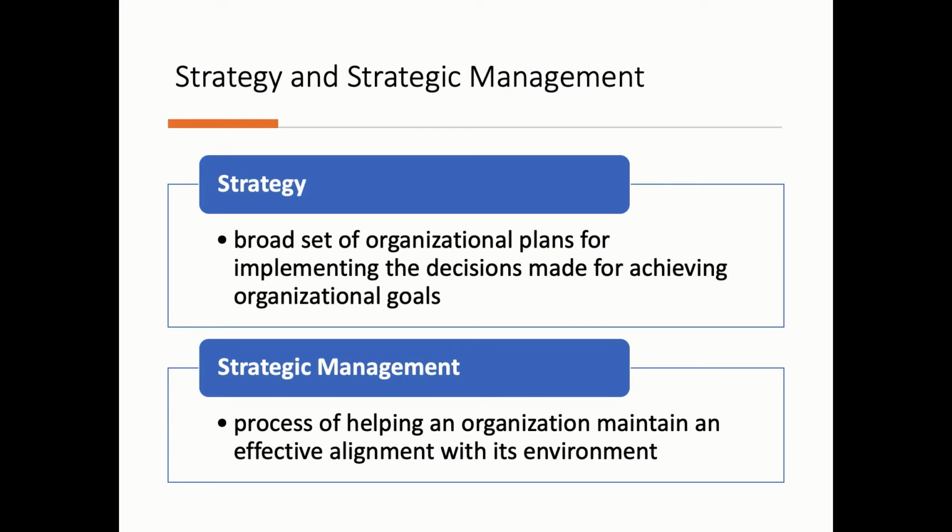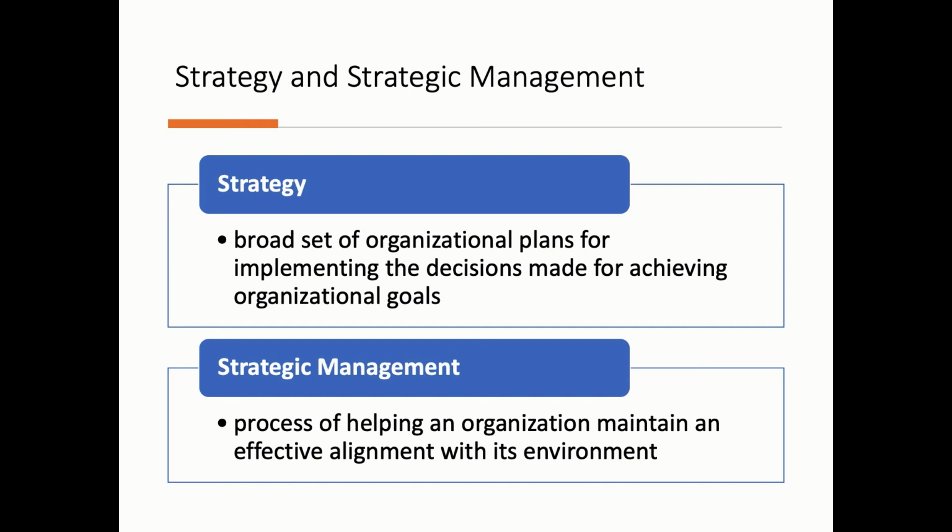Therefore, strategic management is referred to as the process of helping an organization maintain an effective alignment with its environment. That sounds like a word salad, doesn't it? I mean, that's textbook speak. But what we're really talking about is strategy, your planning, the process doesn't exist in a vacuum.